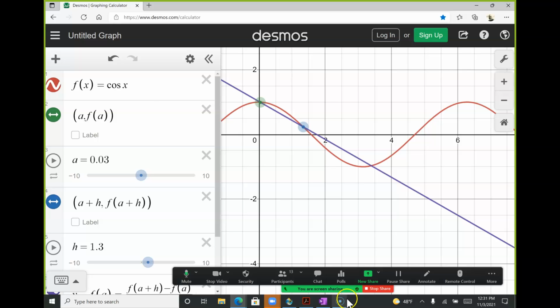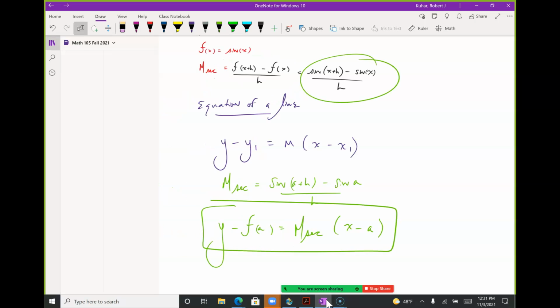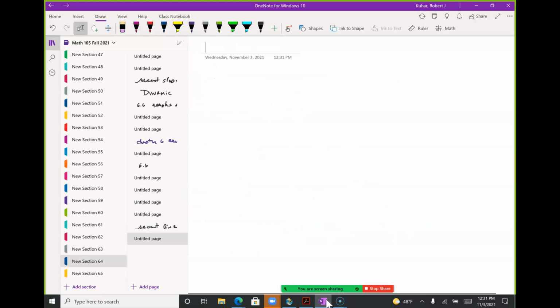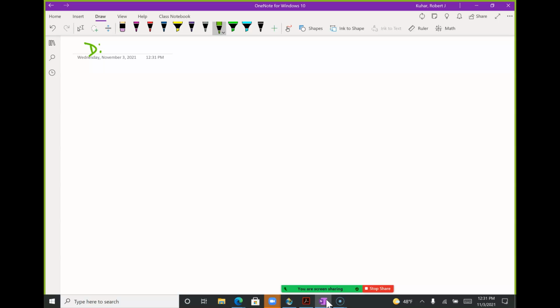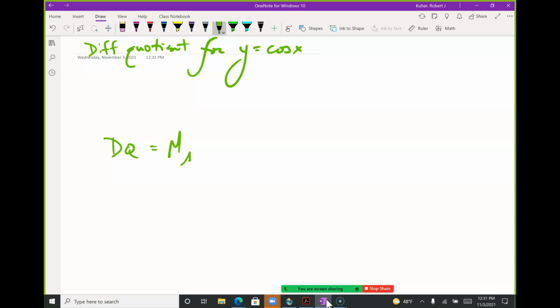What is the difference quotient for the cosine curve? Well, let's see. My difference quotient, or the slope of my secant, is going to give me cos of x plus h minus cos of x all over h.